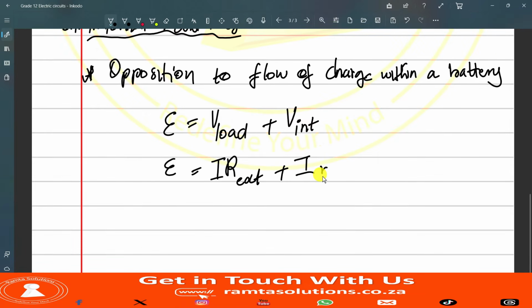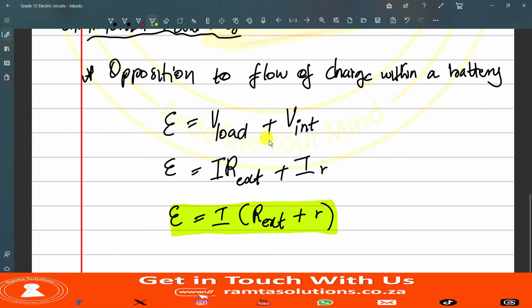This formula can then be simplified further, with current as a common factor: emf equals current times external resistance plus internal resistance. This is another way of writing your emf formula. Are you guys good? Remember, emf is the potential difference across the terminals when there is no current flowing.